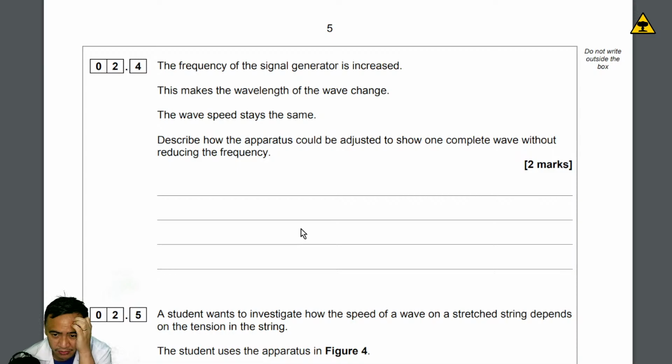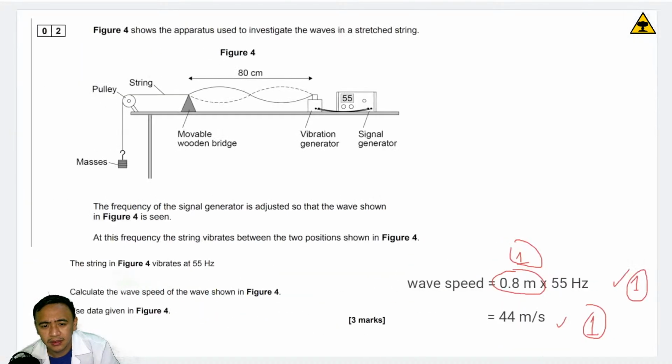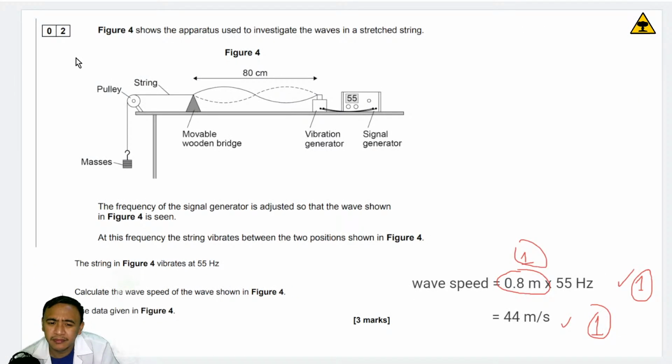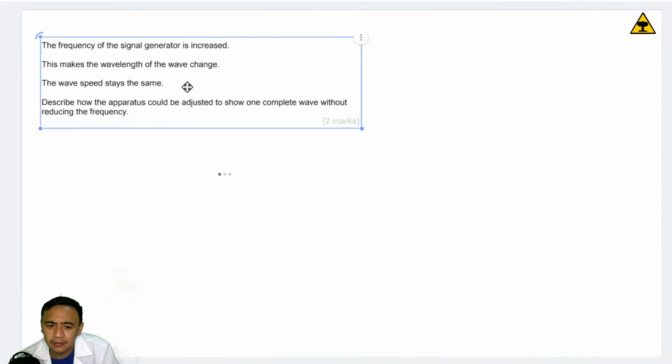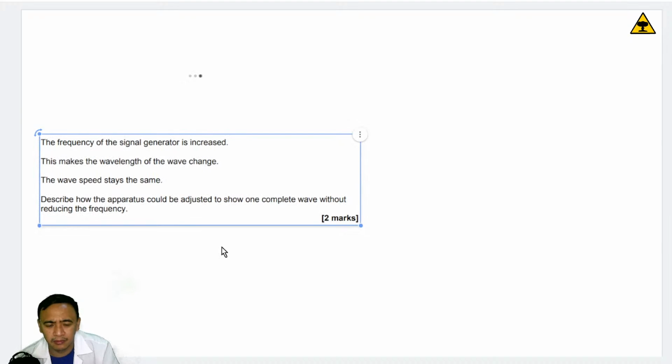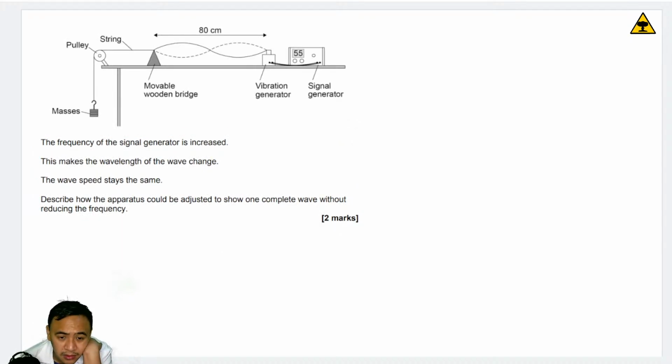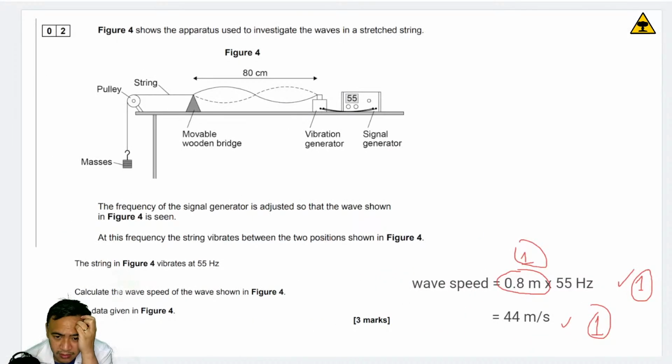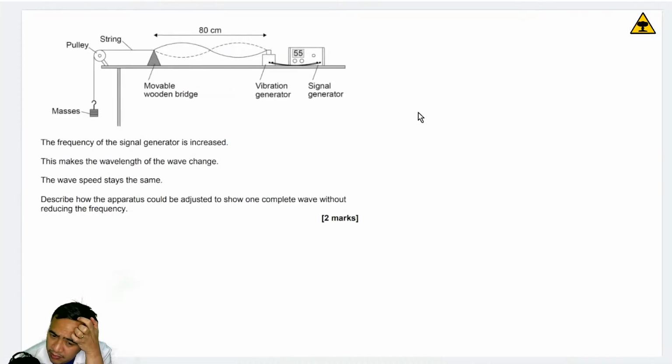Describe how the apparatus could be adjusted to show one complete wave without reducing the frequency. I'll just copy the diagram. You could change the mass and weight on the string, and you could add more weight and mass to the string.